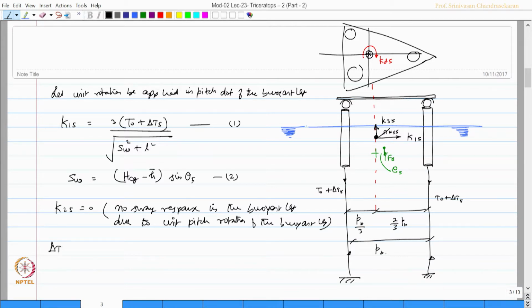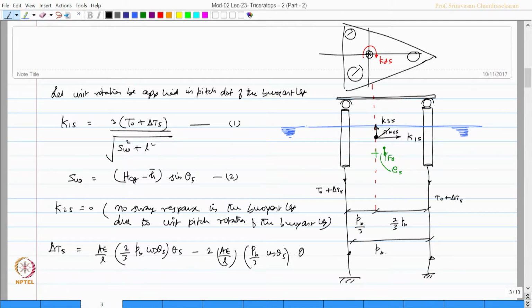Delta T phi is given by 2 by 3 P b cos theta phi of A e by L, because we are looking for an axial stiffness, minus 2 A e by L. You can see here there are two legs which are closer to 1/3, so I should say 2 A e by L P b by 3 cos theta phi.